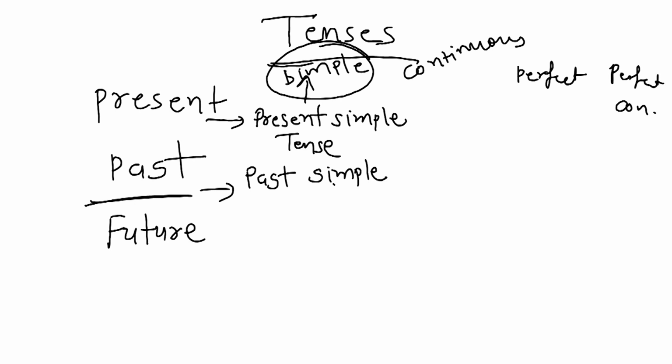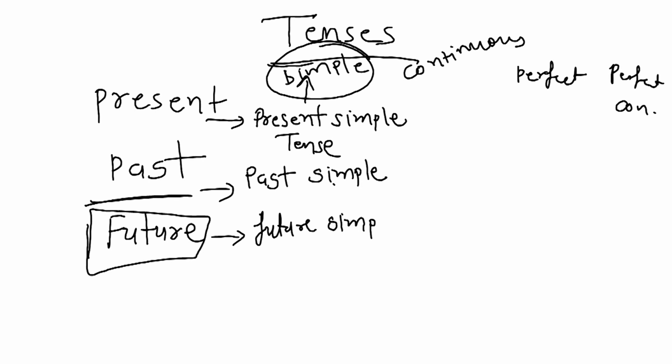In the same way, future time and simple aspect make the future simple tense. In the same way, we make the continuous tenses.